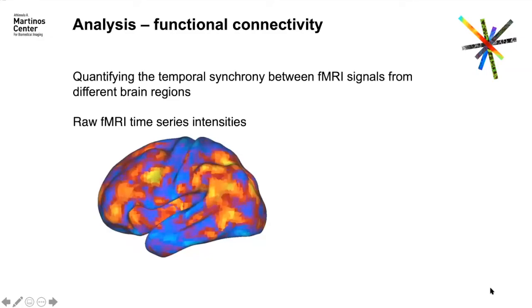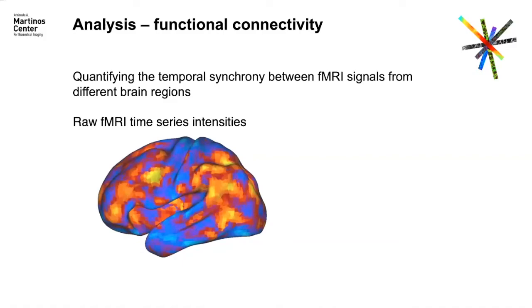Another completely different approach to analyze fMRI data is to look at the connectivity between different brain regions.